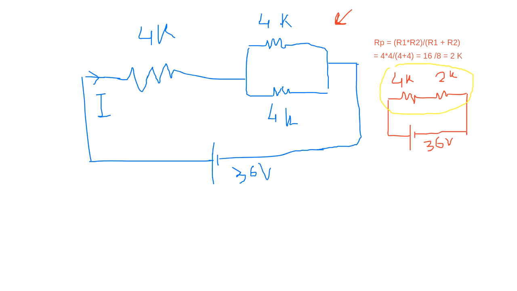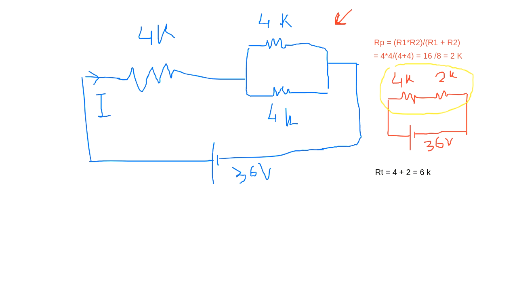So how do you write this? You will write R total. R total equals 4 plus 2 equals 6. Yes, very good, Muhammad Umar. Jazakallah khair. 6 kilo ohm, R total.